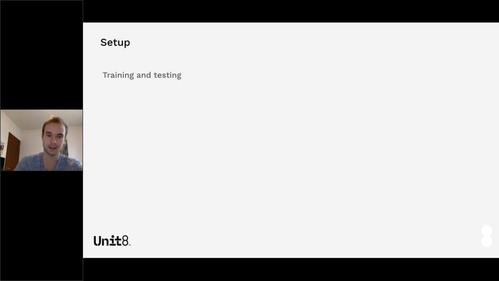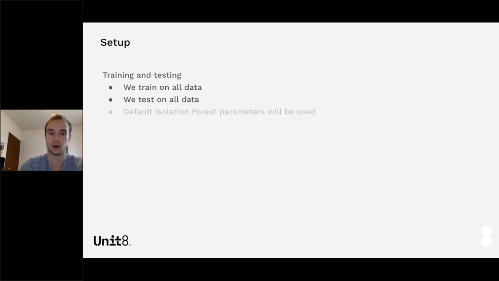For training and testing, we trained our model on all data, more or less, and we test our model on all data. Now, why can we do that without overfitting to our data? Well, we can do this because we're not using any labels. So that way we don't run the risk of overfitting our model. Also, we just use default parameters for the isolation forest hyperparameters.